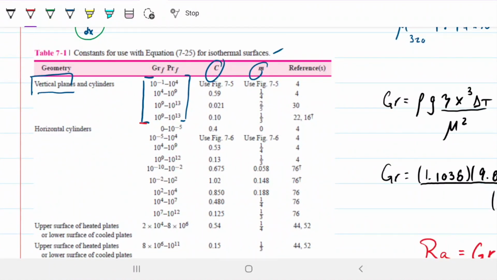So let's go back to our table. There you go. So we're looking for a correlation for these guys here, right? And we have 10 to the 7th, and 10 to the 7th will fall over here. So that means that our C will be 0.59, our M will be 1/4.